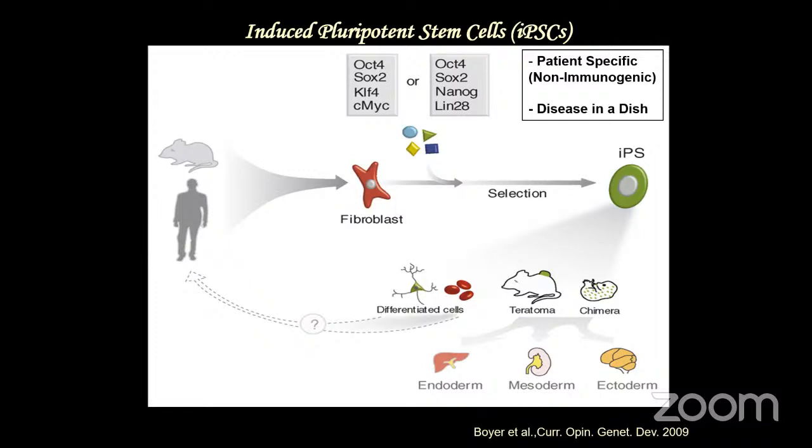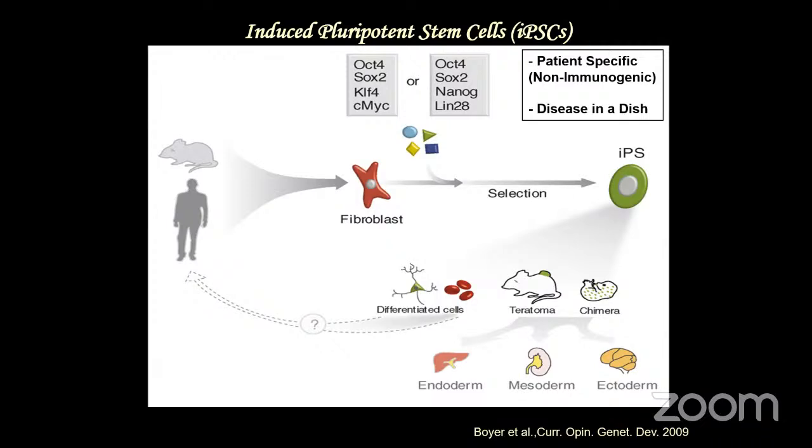So combining the beneficial effects of the two, Yamanaka's group tried to reprogram or rewire the system. They took any cell, like I can take my skin cell and develop it into my own patient-specific embryonic-like stem cell, or induced pluripotent stem cell.